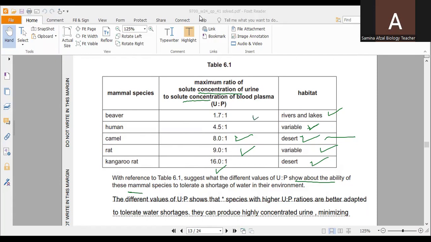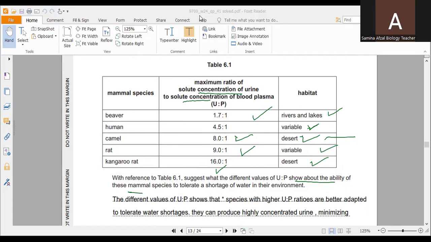So they have the least one, which is 1.7 to 1 ratio.